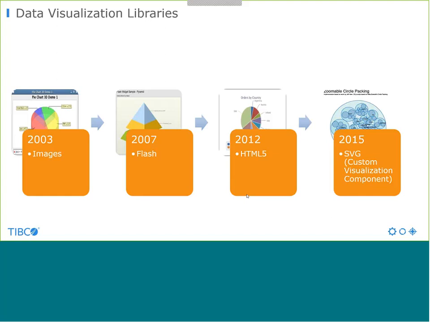So what Jaspersoft does is that it still brings out a lot of new charting. I think we're up to about 30 to 38 charts that we support out of the box in Jaspersoft. But what we also do is allow you to bring in any JavaScript charting library into Jaspersoft, marry it with the data, and then render it in the chart of your choice.